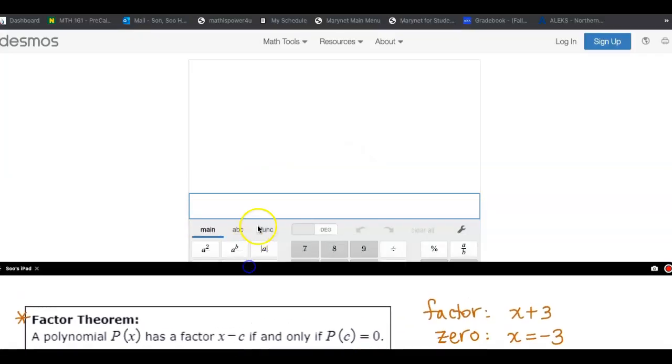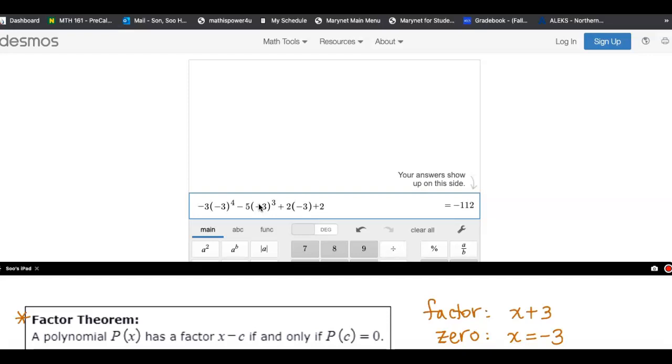I'll bring this down a little bit and I will type in negative 3 times negative 3 to the 4th power minus 5 times negative 3 to the 3rd power plus 2 times negative 3 and lastly plus 2.